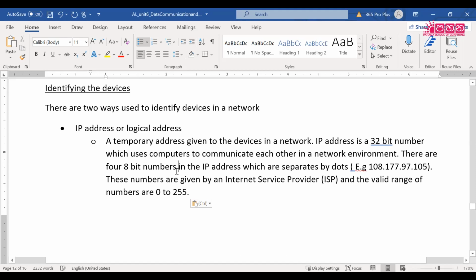That means the valid range of each number should be 0 to 255. Let's take down this.